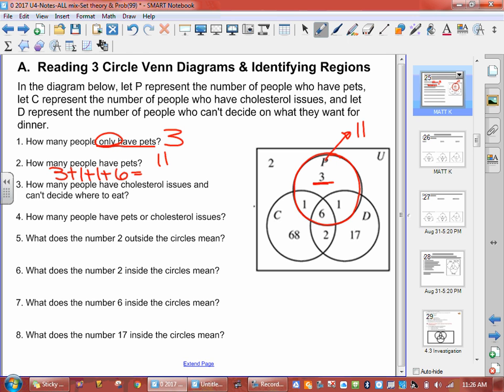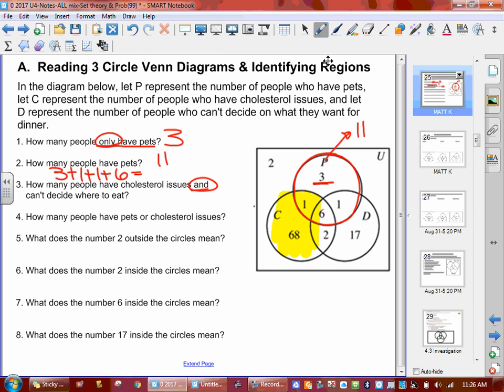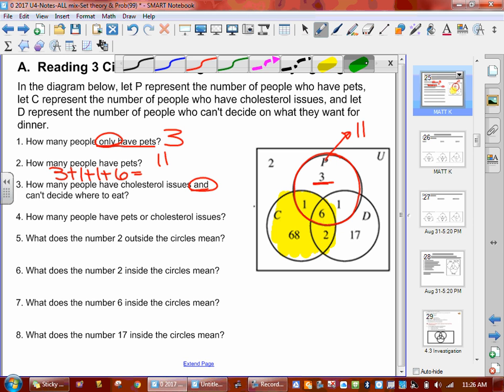Number 3 says, how many people have cholesterol issues and can't decide what to eat? This one is talking about and. If I'm talking about and, I'm talking about a region that's overlapping. If I were to shade these for you, an and means take a look at where it's double shaded. Here's the cholesterol circle, and then it says, and can't decide what to eat.